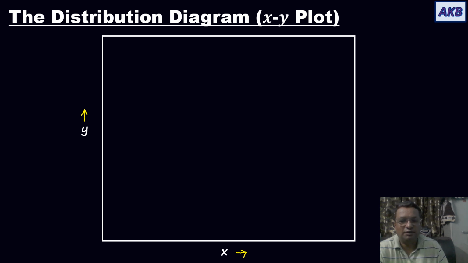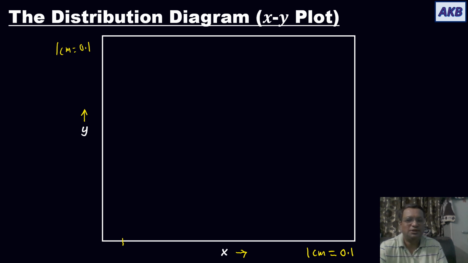Now the scale will be on x-axis 1 centimeter is equal to 0.1, and on y-axis also the scale is 1 centimeter is equal to 0.1.